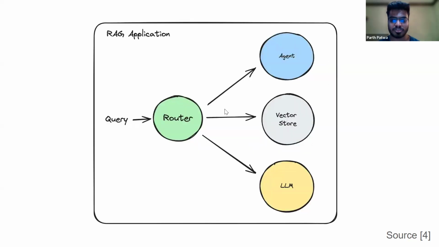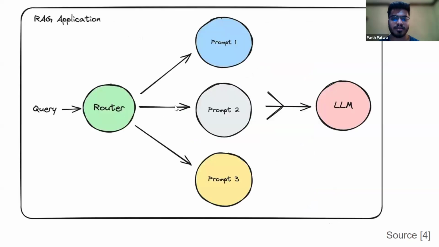Or they can also be used to route to which component of our system the query needs to go to. And finally, this is quite interesting. If we have multiple prompts, we can on the fly decide which prompt to use for our LLM based on the query.